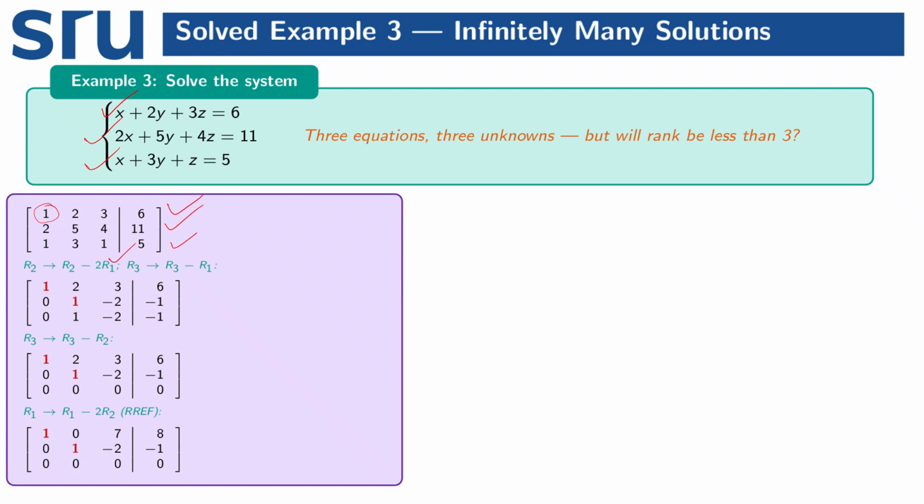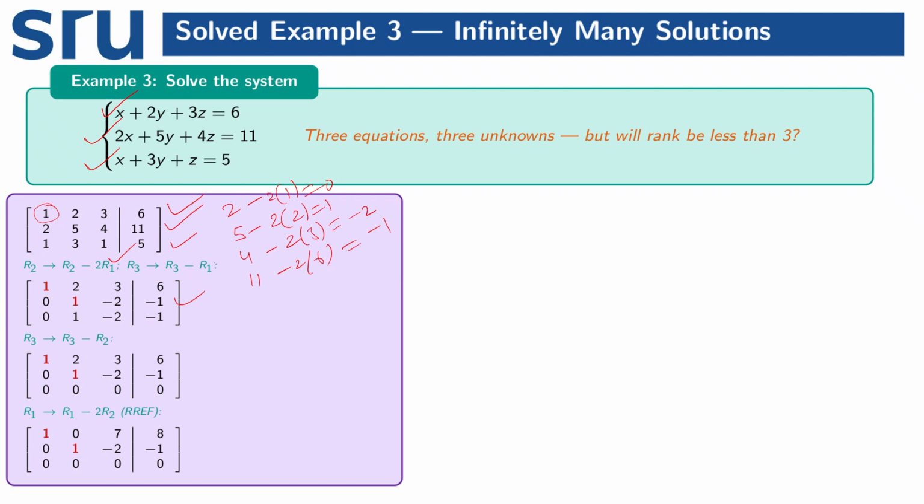The elements become 2 minus 2 into 1 equal to 0, then 5 minus 2 into 2 equal to 1, then 4 minus 2 into 3 equal to minus 2, then 11 minus 2 into 6 equal to minus 1. So our row 2 becomes 0, 1, minus 2 and minus 1.